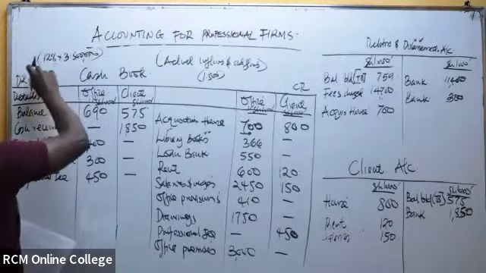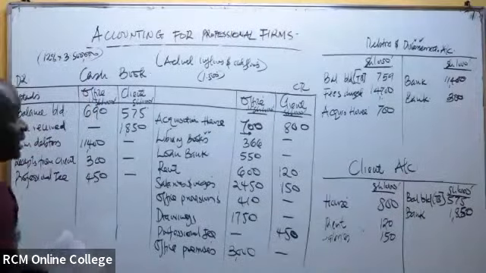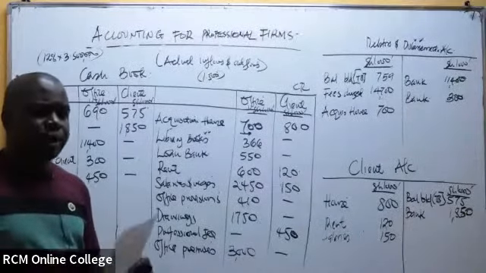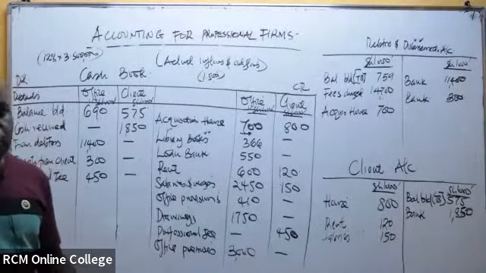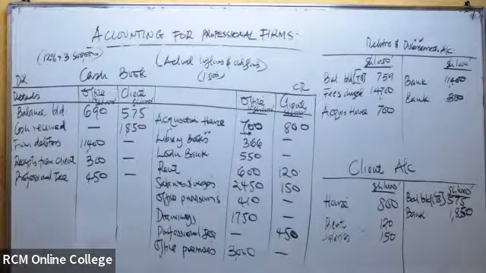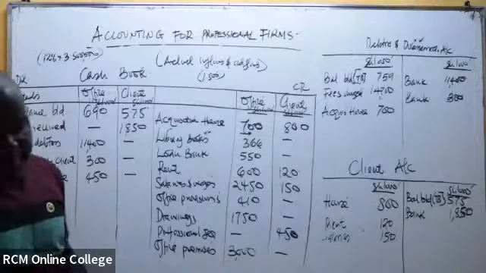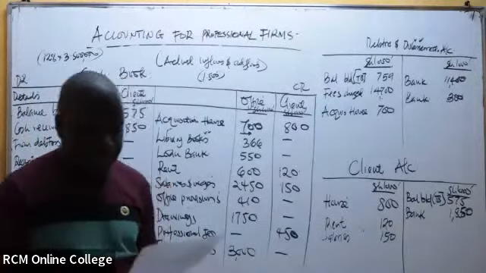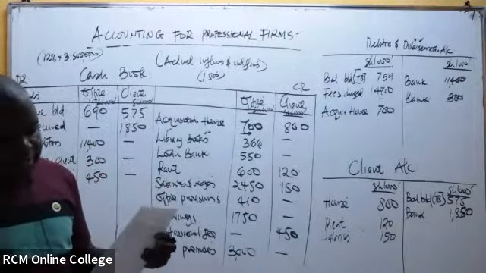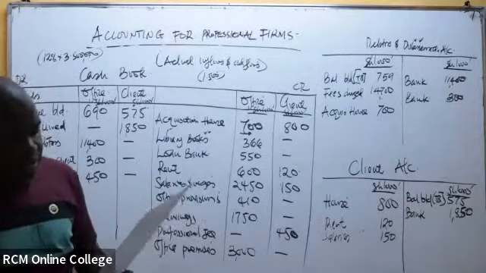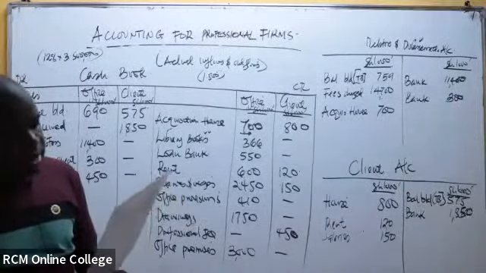Interest on the mortgage is an expense, which has to be recognized in the income statement. So you need to take note of that.